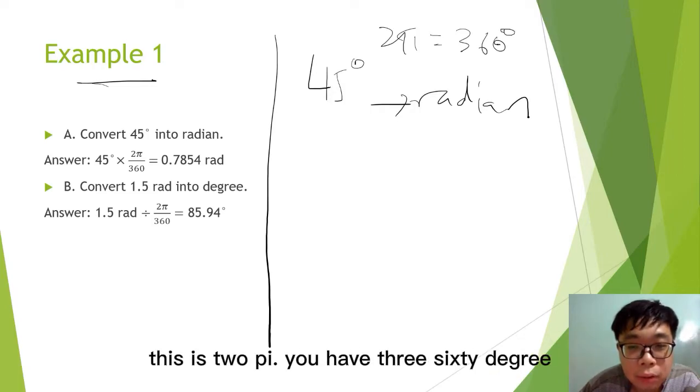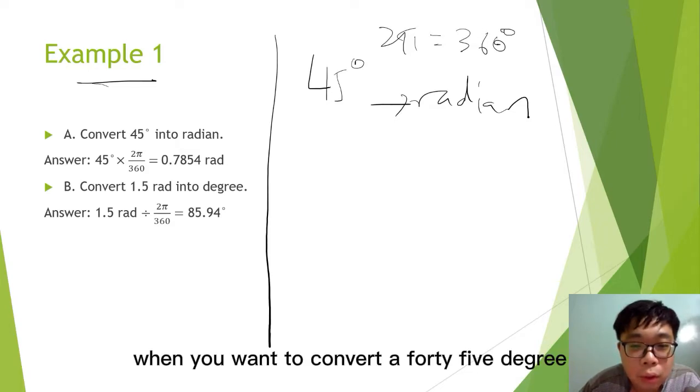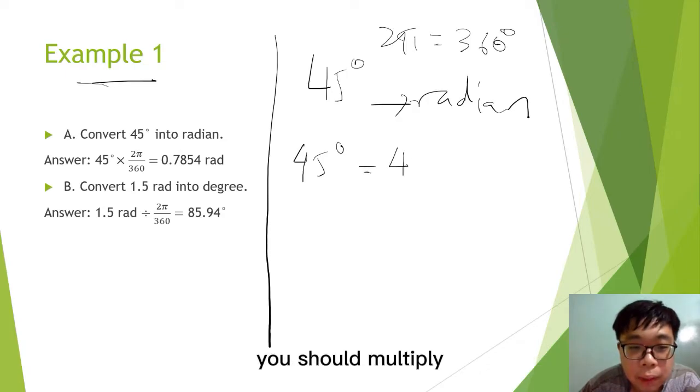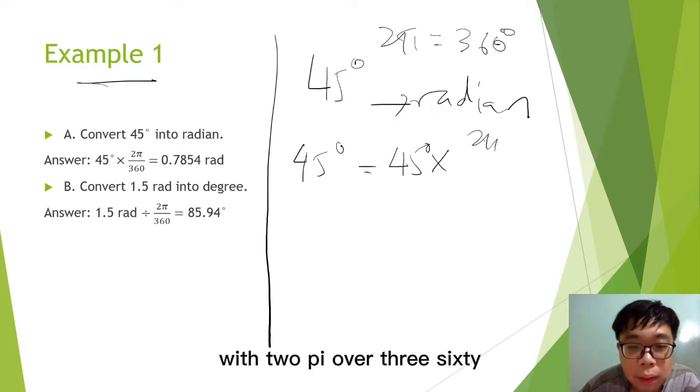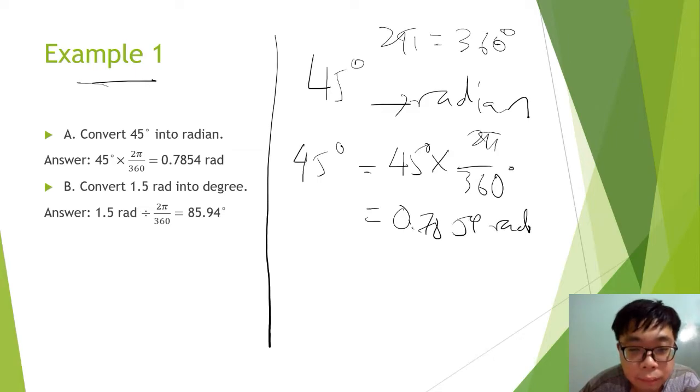When you want to convert from 45 degree, you multiply with 2 pi over 360. So the answer you get is 0.7854 radian. Remember this one.